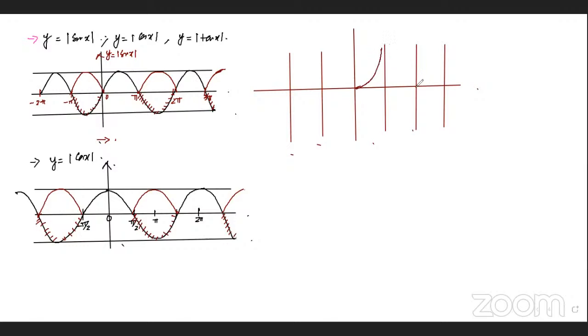We did it like this. Then it was something like this, then something like this, then this way, and like that.